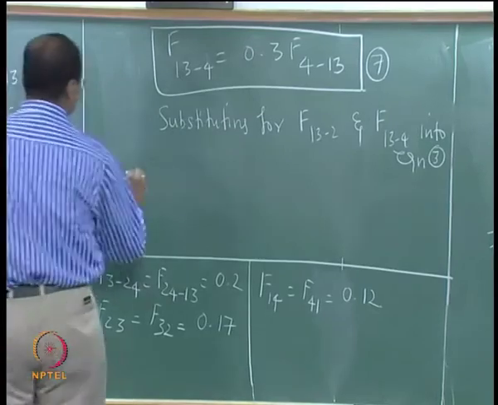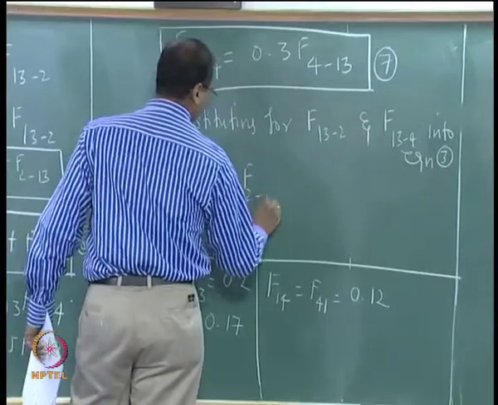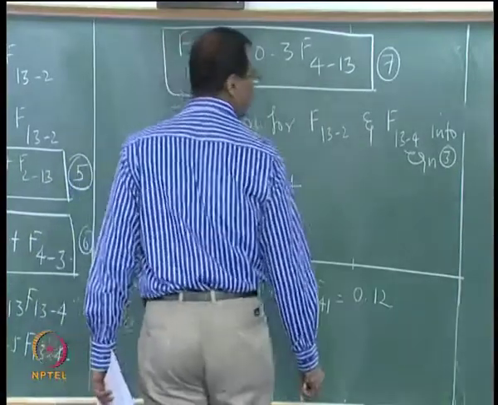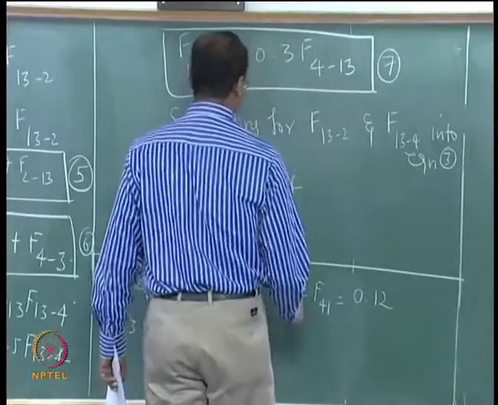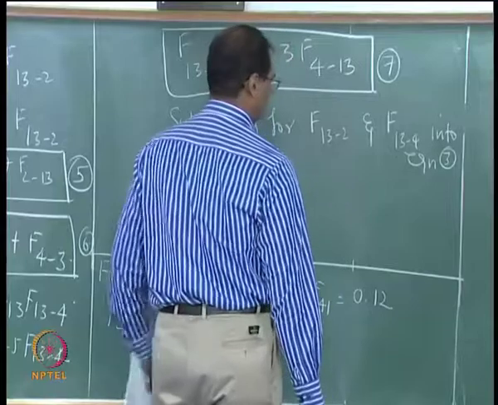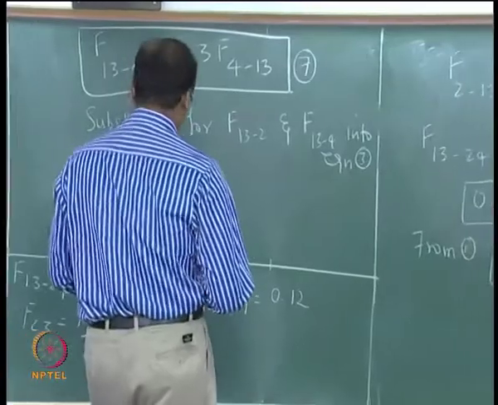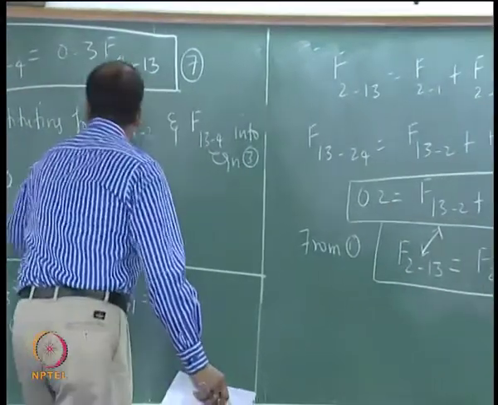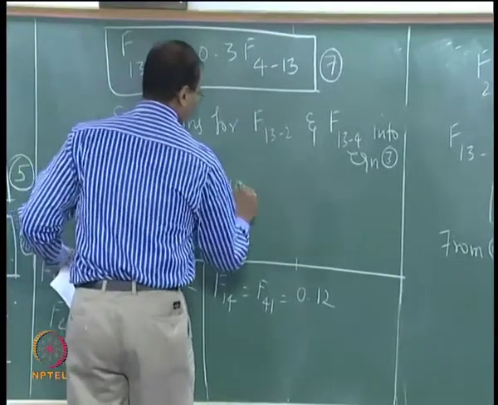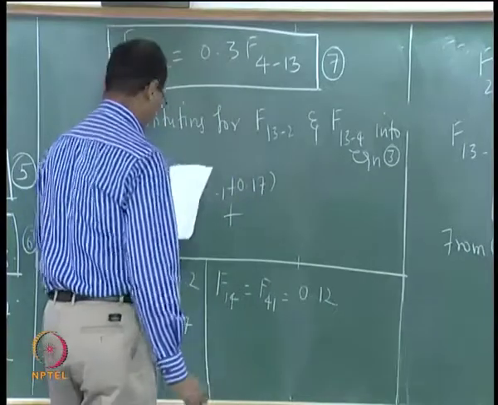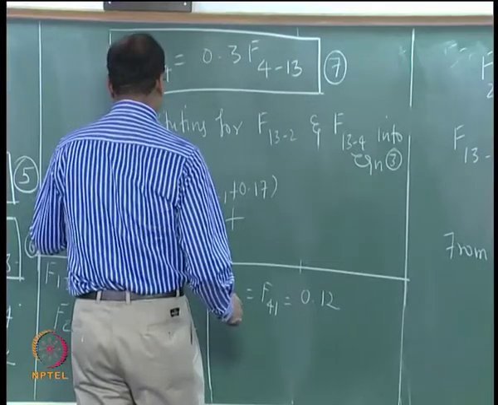So 0.2 equal to, is that okay? 0.7, okay, plus, what did I do?